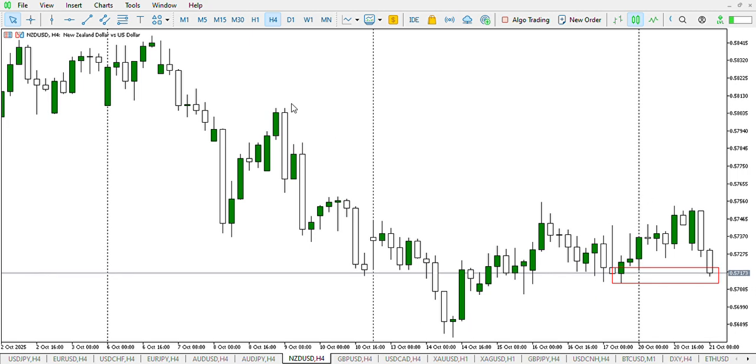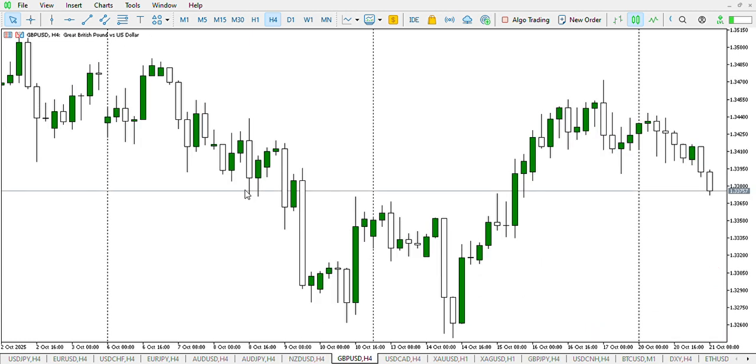So if price retests this order block, we expect price to jump up, as these zones have lots of demand sitting there, and that's where price is likely approaching. So these red boxes are strong zones where price is likely going to reject from.